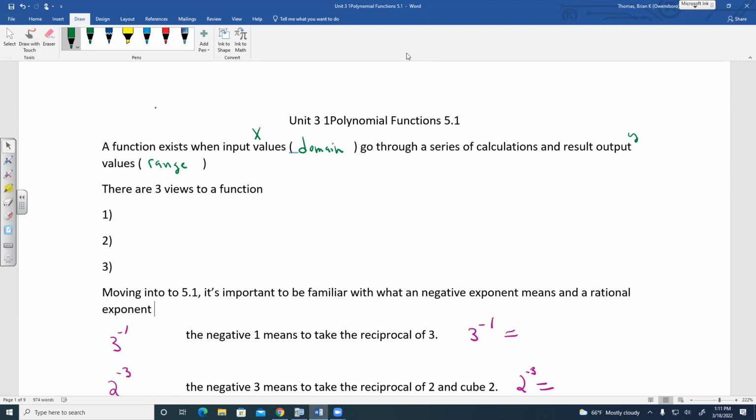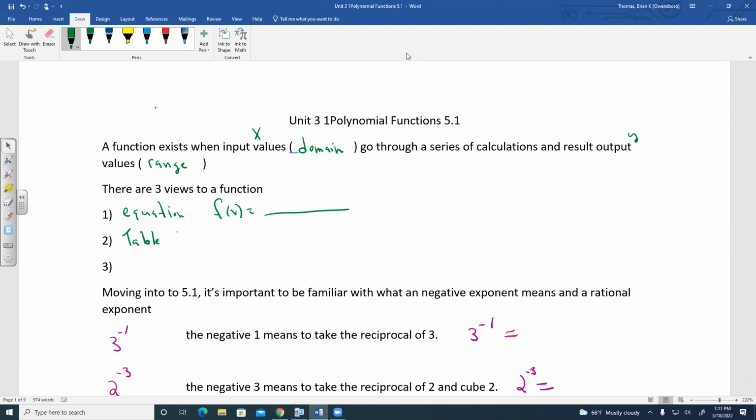Remember, there's basically 3 views of a function that we're dealing with. We're working with an equation. A lot of times you'll see that f of x notation, f of x equals, and then you'll have some type of function, either if it's linear or quadratic or cubic, so forth and so on. We also have what's called the table.